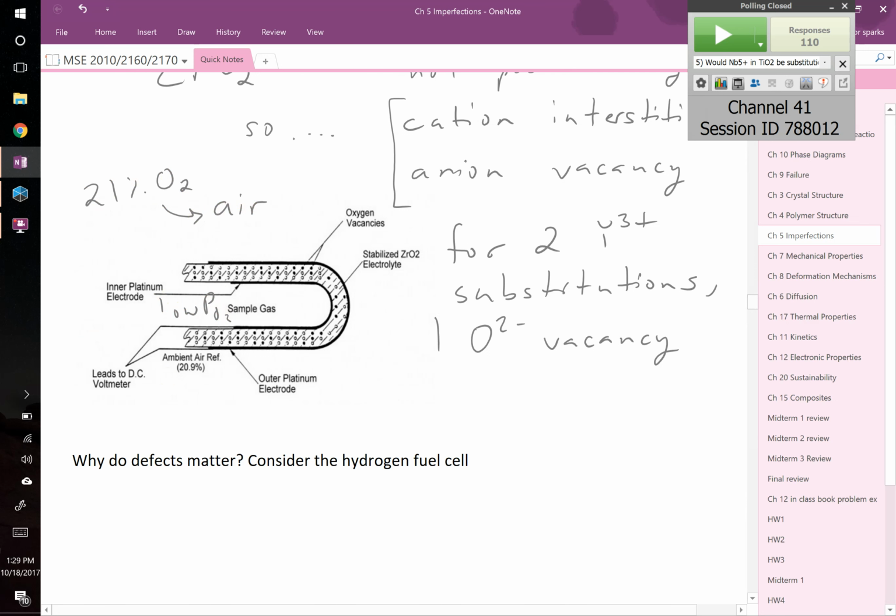So what you should have is a pathway now, because of the oxygen vacancies, for oxygen to move into that structure, right? Oxygen dissociates as a gas molecule, turns into an O2- ion, so it has to pick up 2 electrons. 1/2 of an O2 becomes an O2- ion when it picks up 2 electrons, right, on that side.